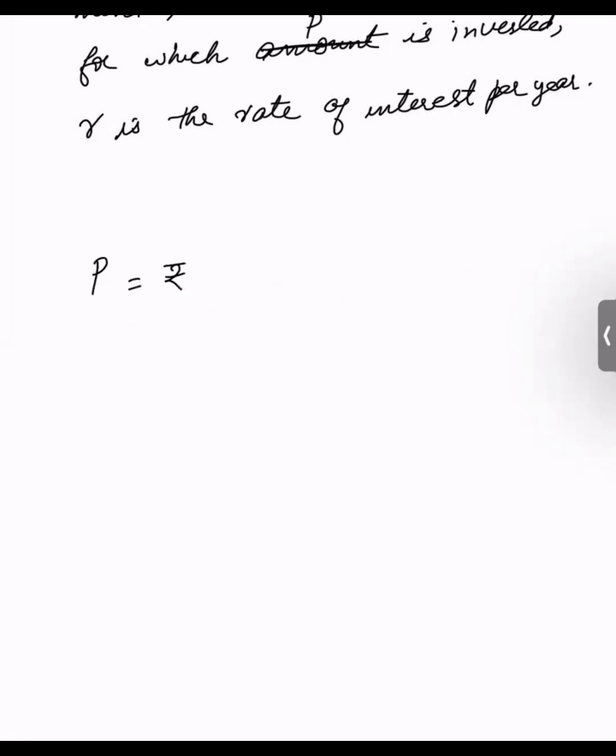Principal is going to be rupees 200. For how many months? She is investing for 36 months. So write down whatever information they have given. Bank pays interest at the rate of 11% per annum. So R is going to be 11%. Find the amount she gets on maturity.